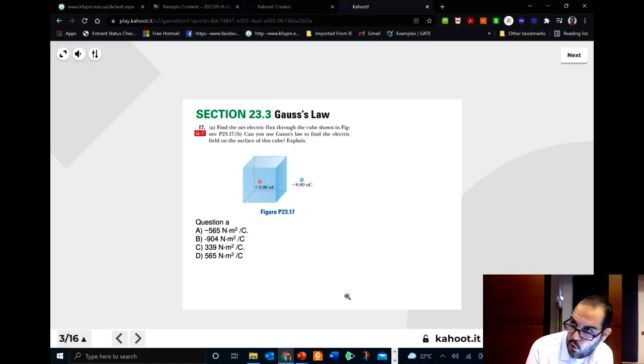One is 3 nanocoulombs, the red one inside the cube, and the blue one outside the cube is minus 8 nanocoulombs.